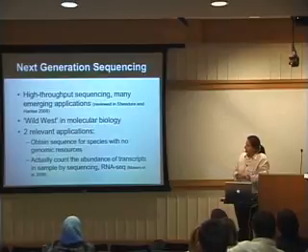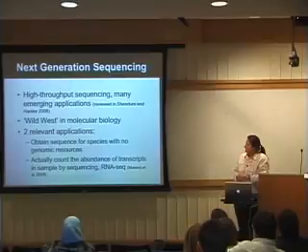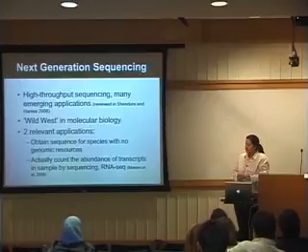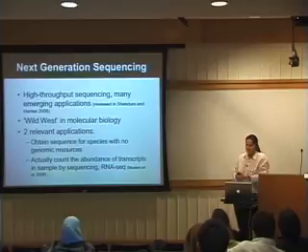The other application that is going to be neat is to actually use the sequencing technologies to count the abundance of transcripts in a sample. So instead of doing qPCR or microarrays, it may very well be that you can take your RNA sample and sequence that, and then from the sequence you can count the transcript type that you're interested in. This is going to be a ways away, and it's very, very expensive.